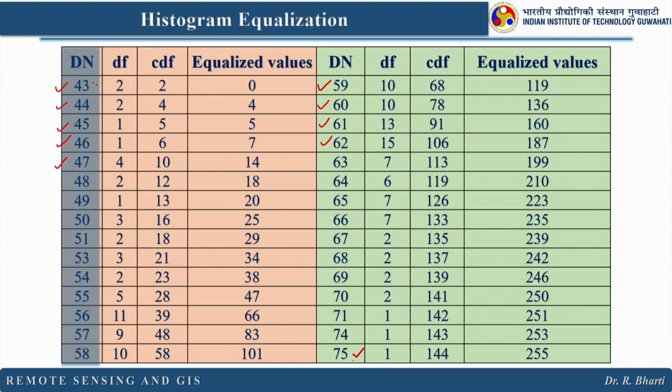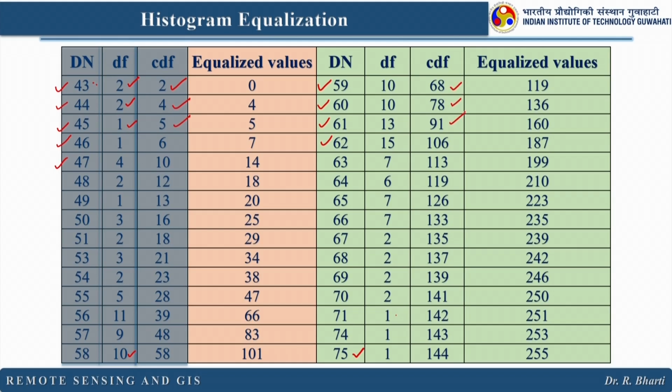We identify how many times 43 has occurred in that matrix. 43 occurred 2 times, 44 2, 45 1, and accordingly you can see these values. Then CDF is cumulative, so you start from this 2, then 2 to 4, 4 and 1 is 5, and like that you calculate all the CDF values.